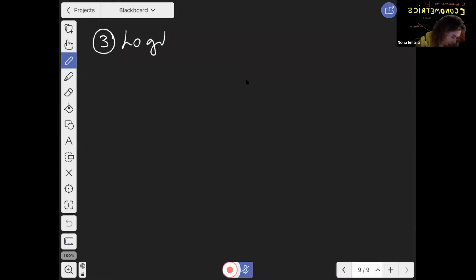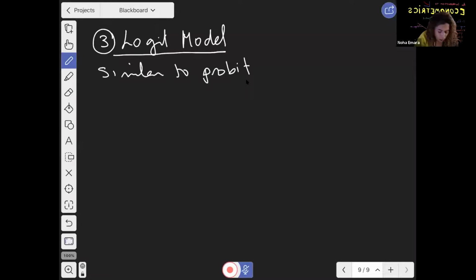However, the main difference is that it's actually very similar to probit. People used to love this one, used to use this one before the invention of Stata and other statistical software. This one was much easier.